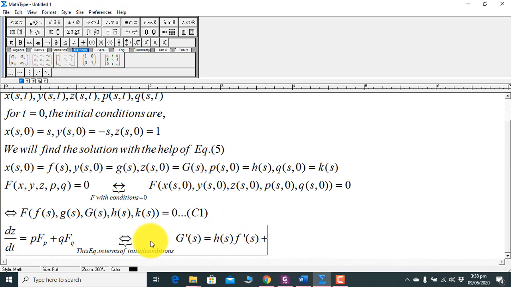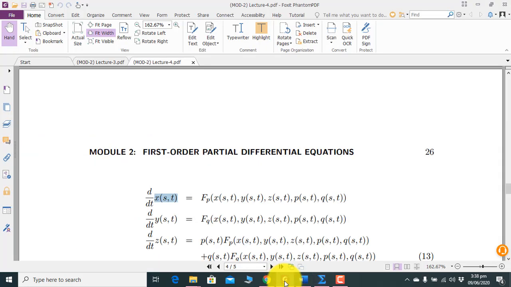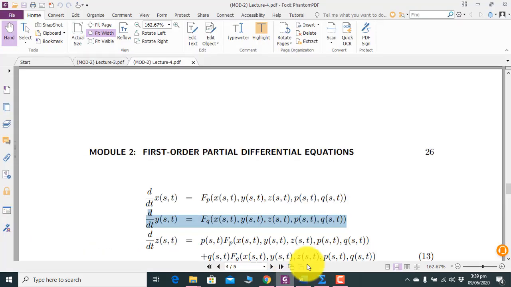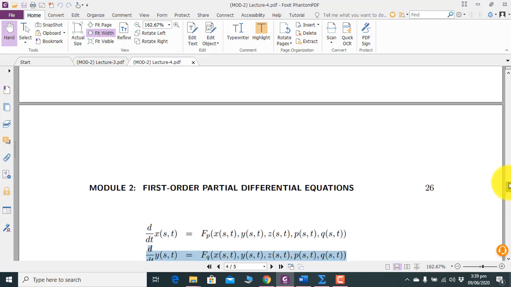Similarly, for q you can write k of s in terms of the condition, and fq is equal to the derivative of y. In terms of conditions, that becomes the derivative of the condition of y. The condition of y has the name g, so that will become g prime. This is the idea, and it was already mentioned there.